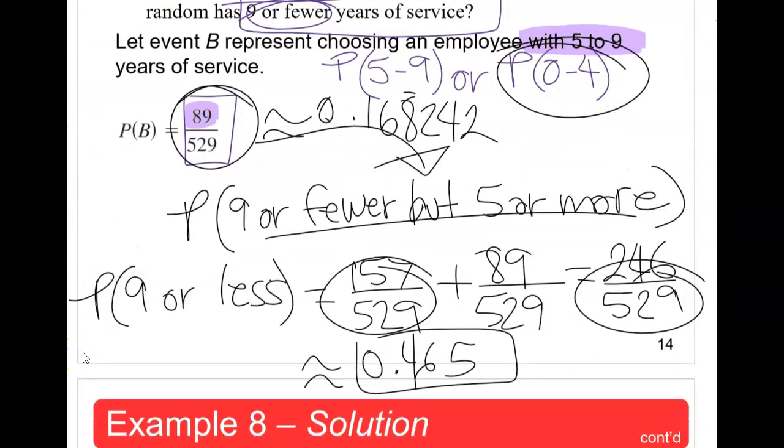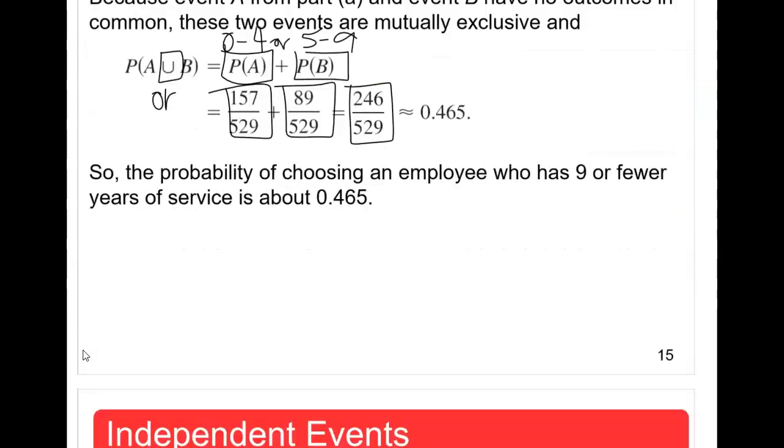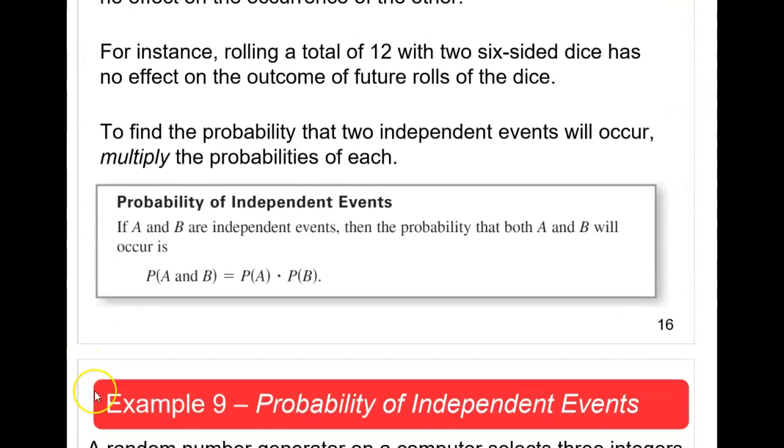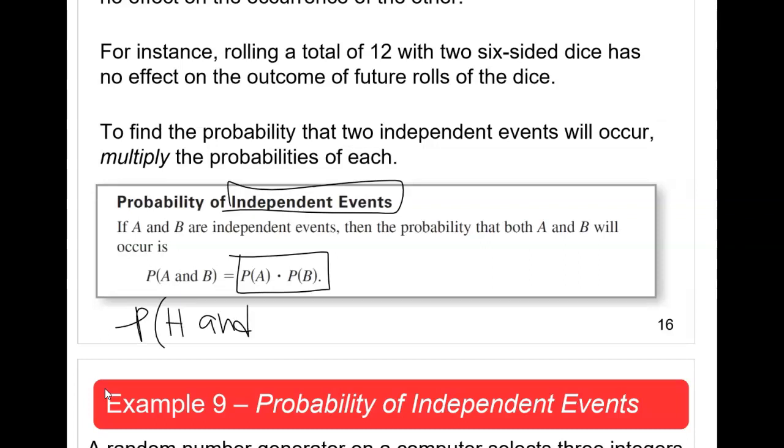So the statement that we have here, which is the same one that I had mentioned previously, will be true only for independent events, such as what is the probability of getting a head on the first coin and heads on the second coin. So if we say probability of getting heads and heads, and we know they're different coins.